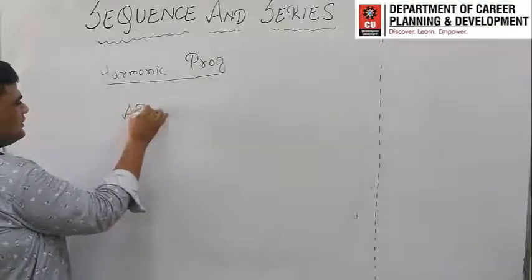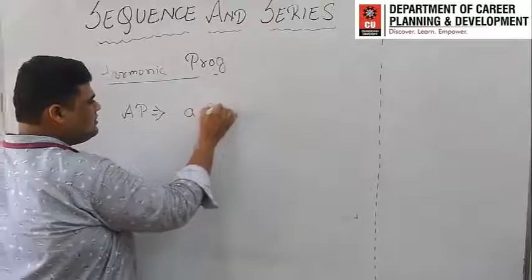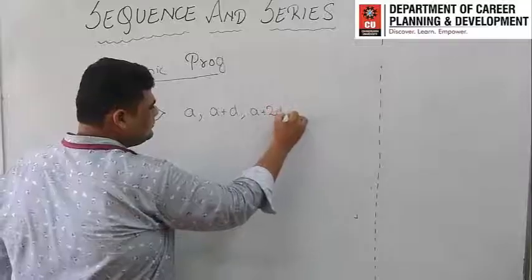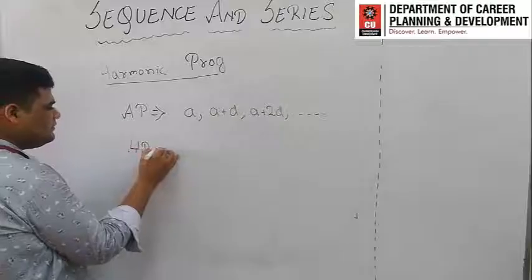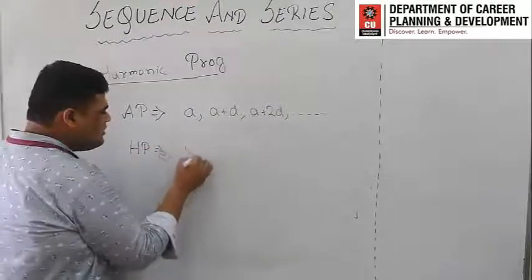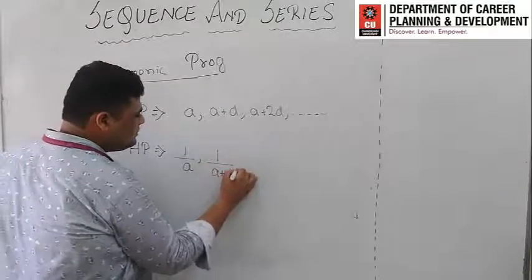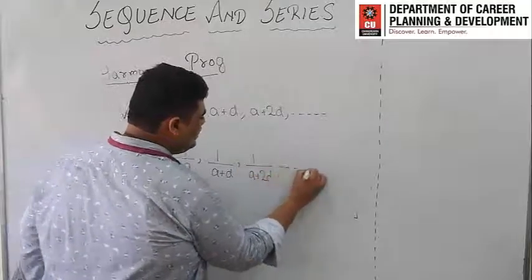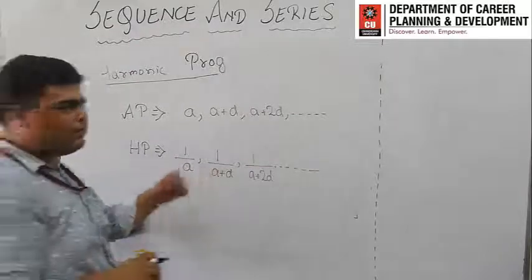If the AP, arithmetic progression series, is given to us as A, A plus D, A plus 2D and so on, then the series in harmonic progression we can write as 1 upon A, then 1 upon A plus D, then 1 upon A plus 2D and so on. In this way, we can write our series of harmonic progression.